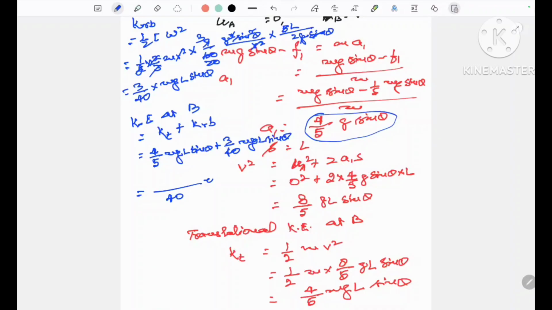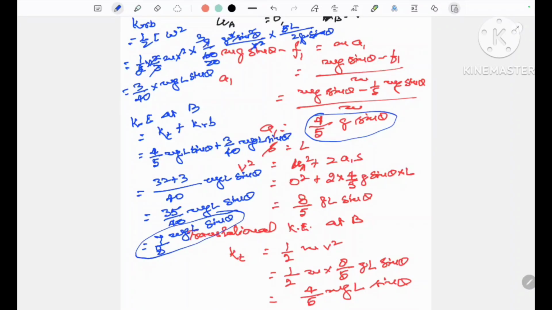Over 40: 32 plus 3, 35 by 40 mgL sin theta, or 7 by 8 mgL sin theta. The total kinetic energy is 7 by 8 mgL sin theta.